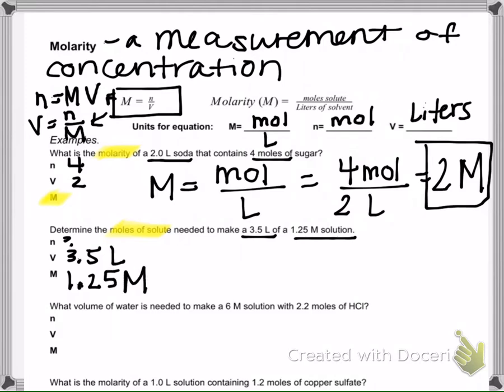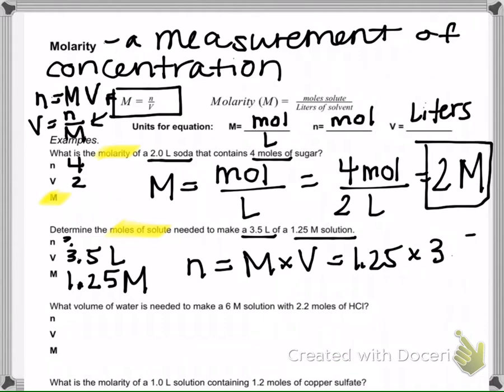So to get the number of moles n, you're going to have to do molarity times volume. So in this case, we would do 1.25 times 3.5, and that's going to equal 4.38 moles.